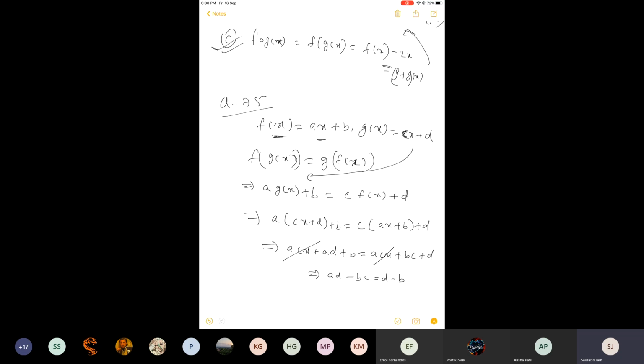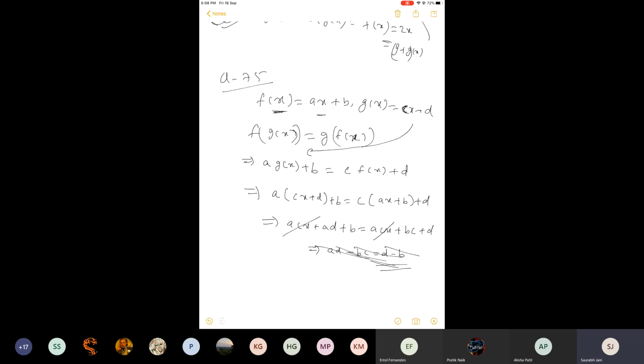Nothing is getting cancelled. Let us write this equation. But it cannot be true for a particular value, because we are getting ad plus b here, and here we are getting cb plus d.